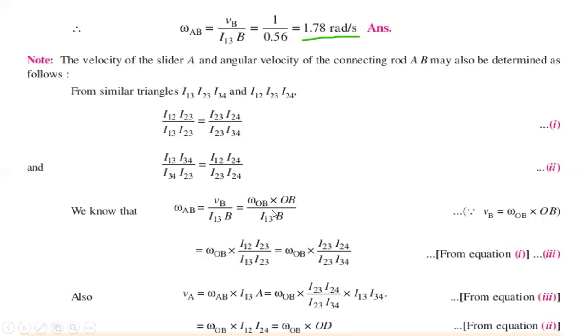We know the value of angular velocity of OB and the length of OB. So by taking VB as omega OB into length of OB. These belong to these two sections only, that is why I'm taking the two.